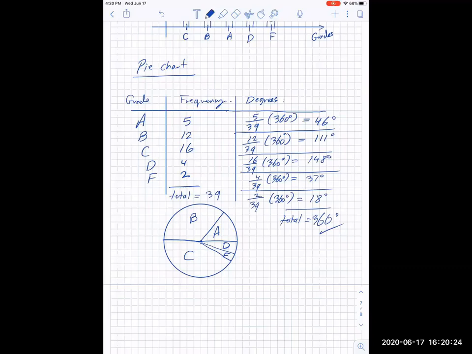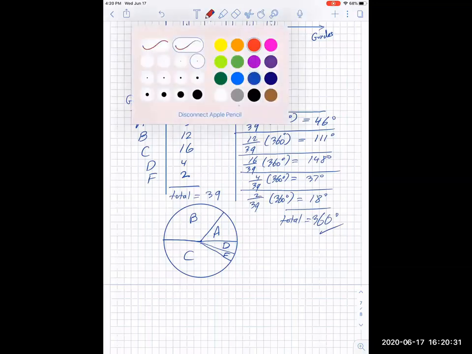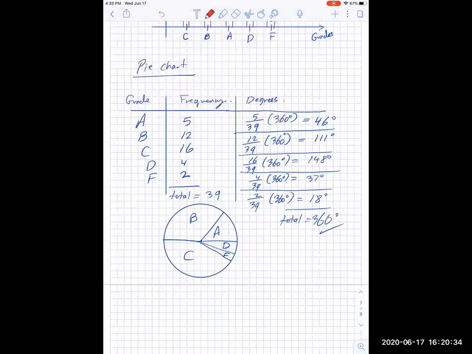So I'm gonna go back to 5 divided by 39. I'm gonna use now percentages. So my first category, the A, is 12.8%. 12 over 39, 30.8%. 16 over 39, 41%.